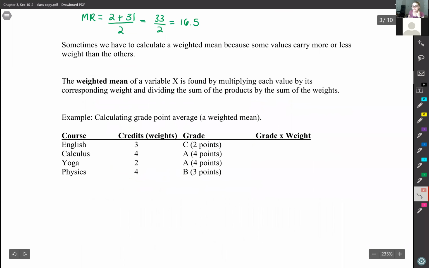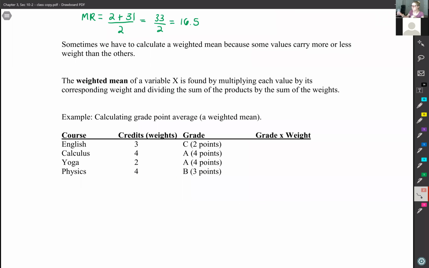Any questions on the mid-range? Okay. So let's now talk about this thing called a weighted mean. A new definition here, this is another type of mean.